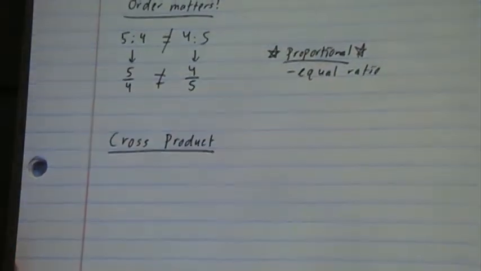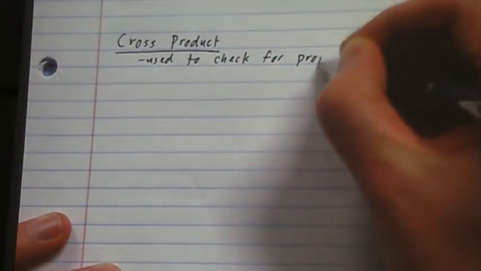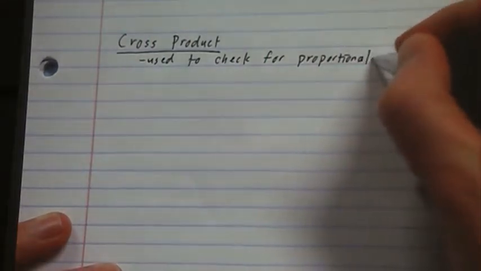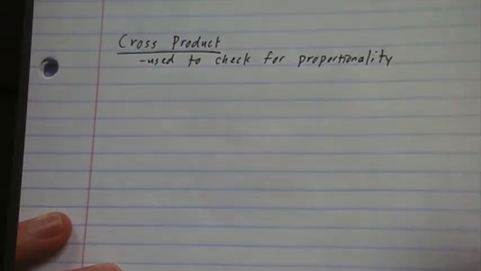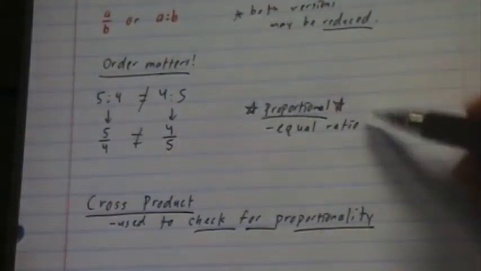You can use a cross product to solve problems, but specifically we're going to be using cross products to check for proportionality. What does that mean? We're checking for equal ratios or equal fractions.